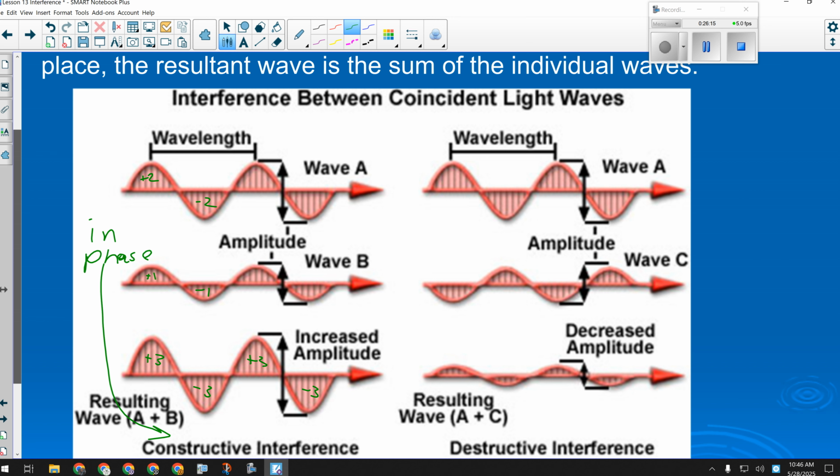For destructive interference, now I've got this one that's +2, -2, +2, -2. This one's -1, +1, -1, +1. Are those in phase or out of phase? They're out of phase. When one is up, the other is down. So out of phase results in destructive interference.